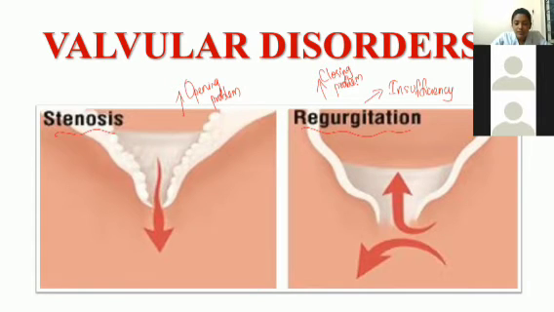So I will make it more clear for you. Here I will draw. Consider this as a valve, like a door I am drawing. It is not the original structure, I am just illustrating like a door for your understanding.